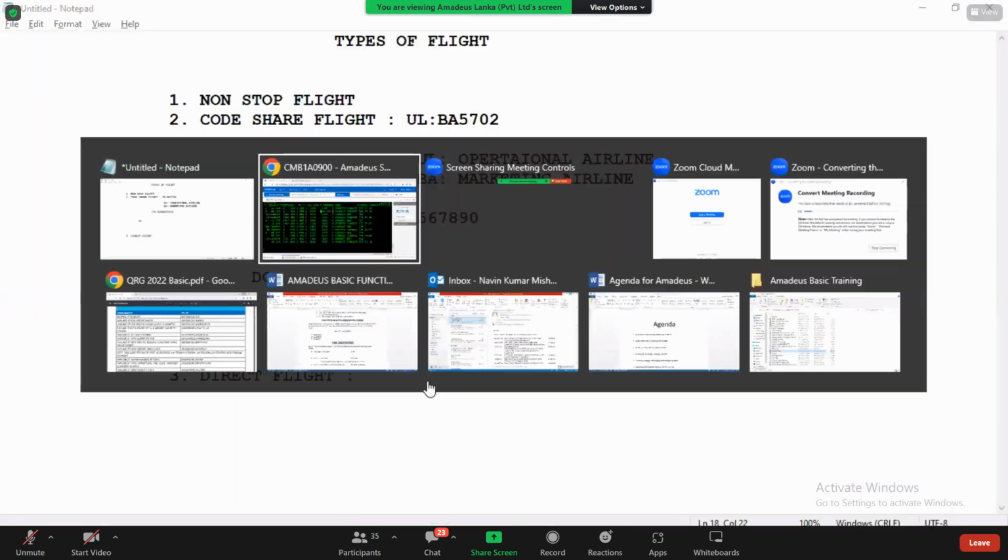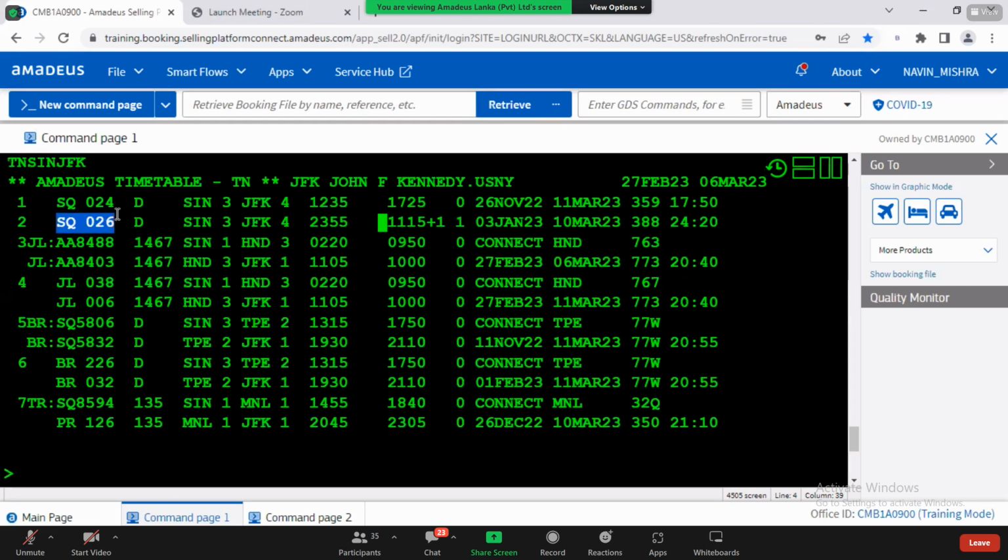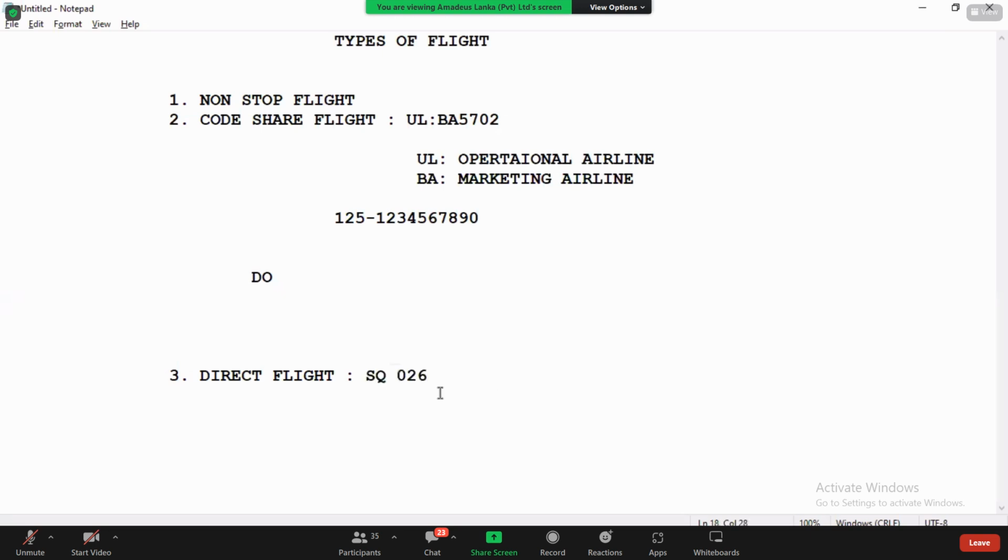So how do you identify it's a direct flight? What is the difference between a direct flight and a non-stop flight? In the direct flight, the same airline and the same flight number will take the passenger to the destination.